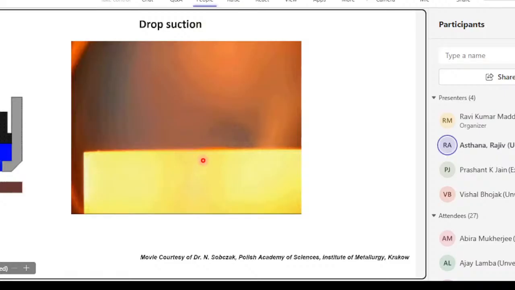It changes a little bit because of chemical reaction, and you cause some stresses in the system.